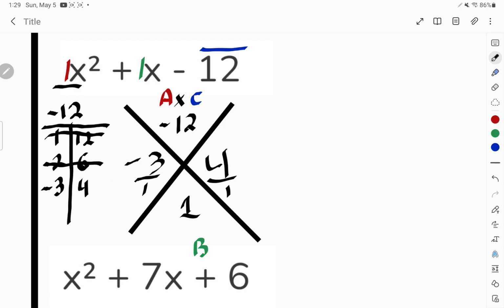The way that you turn this into your binomial is pretty easy. You always put your parentheses, but before we put x, we've got to look at the fraction. Okay, so can I simplify 3 over 1? Yes, but let's say we couldn't simplify this.